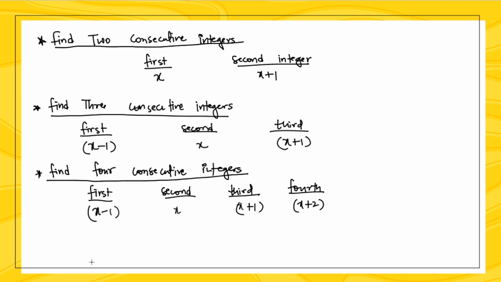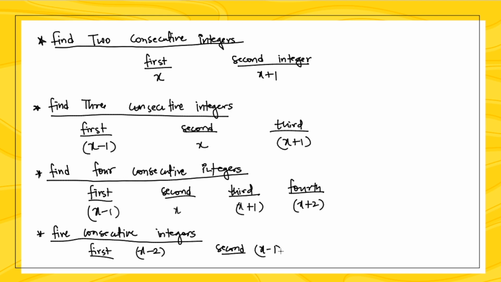They won't be asking 5 consecutive integers, but just in case they ask, I guess by now you have understood: your first integer will be x minus 2, your second integer will be x minus 1, your third integer will be x, your fourth integer will be x plus 1, and the fifth integer will be x plus 2.